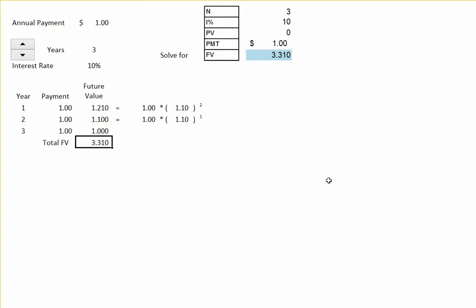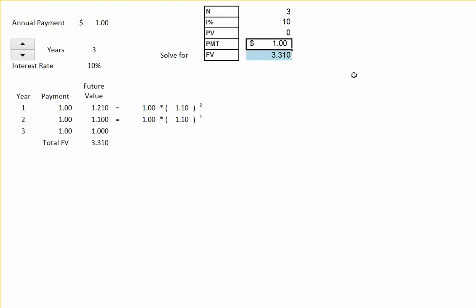Now notice, in our financial calculator, to solve for this future value of annuity, we would set N, the number of periods, to 3, our interest rate to 10%, and 0 for our present value, unless we have any initial amount in the account. Of course, the present value is 0.